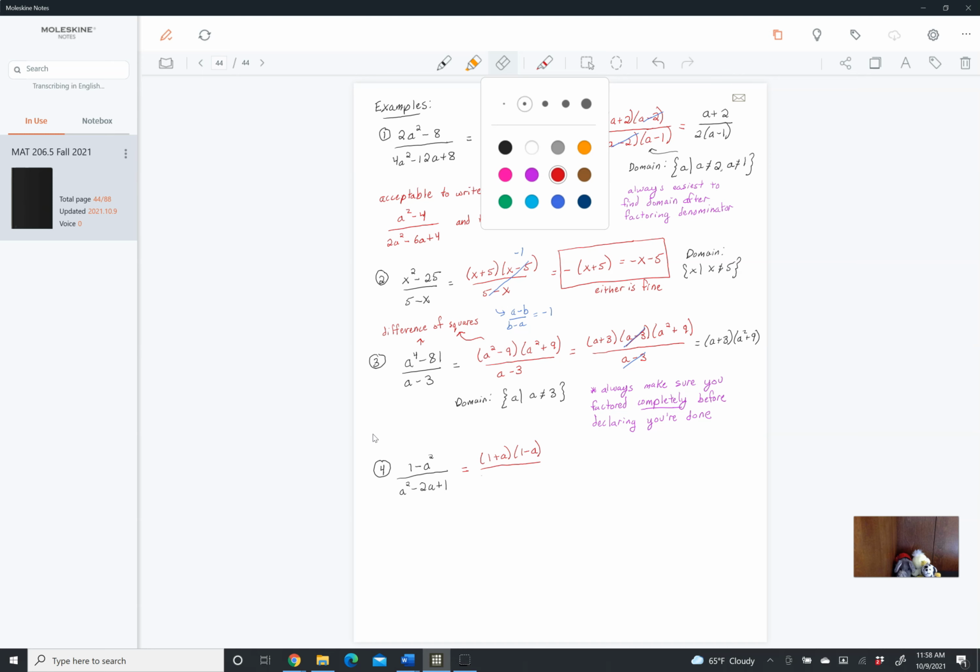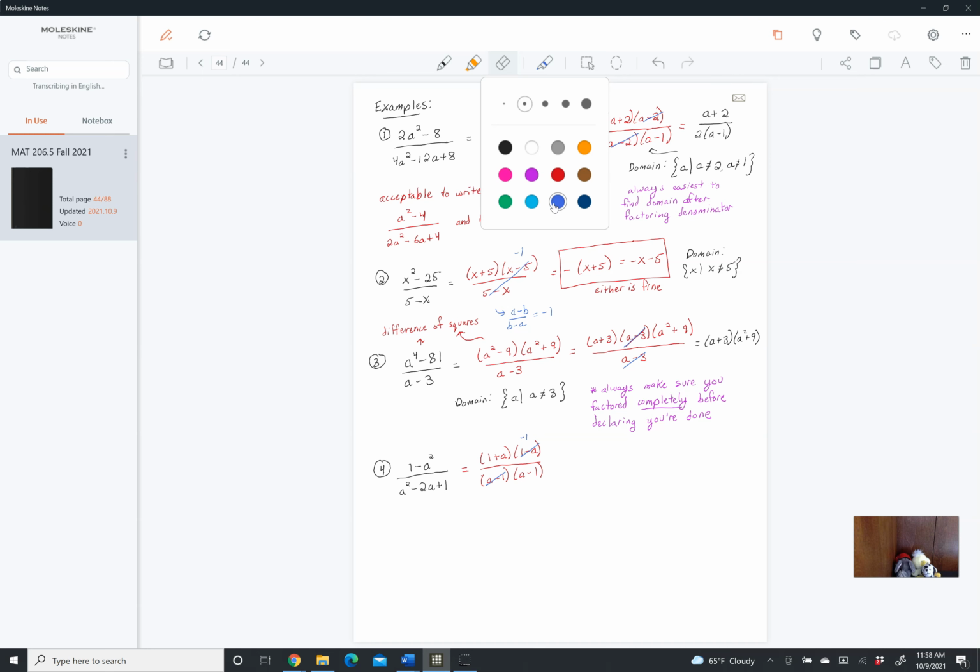And a squared minus 2a plus 1 can be factored into a minus 1 times a minus 1. Okay, so what happens here? Well, the only thing that can be reduced here is that we see a 1 minus a and a minus 1. And we know that that's a negative 1 because they're flipped on either side of the subtraction. 1 plus a and a minus 1 you can't do anything with.